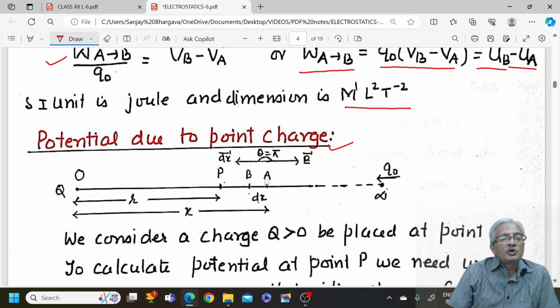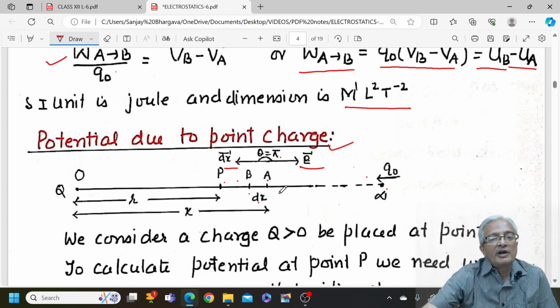Since we are moving Q0 from infinity to point P, at point A the direction of dx would be to the left along the sense of motion. The angle between the direction of electric field and the direction of small displacement dx is 180.